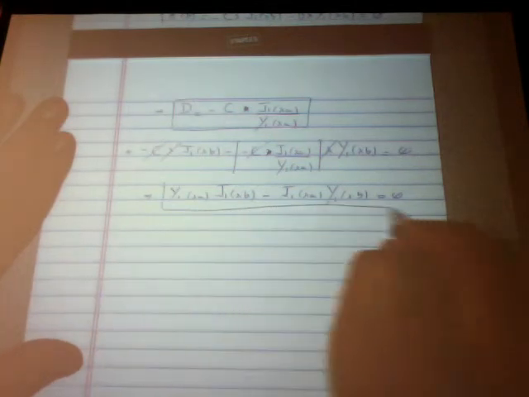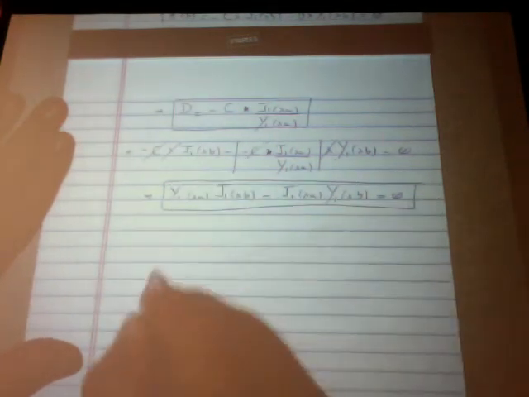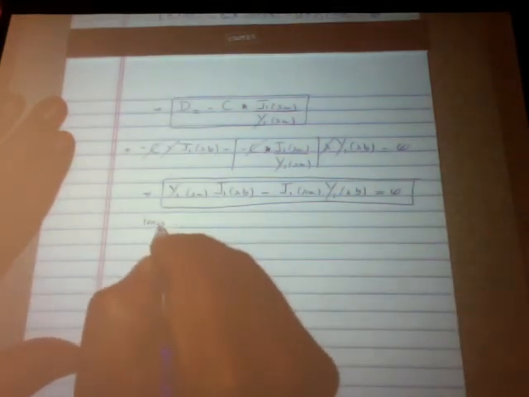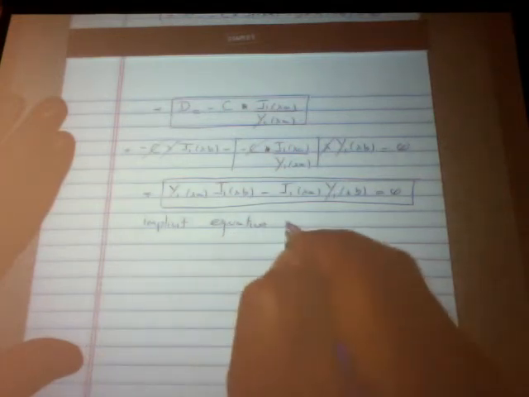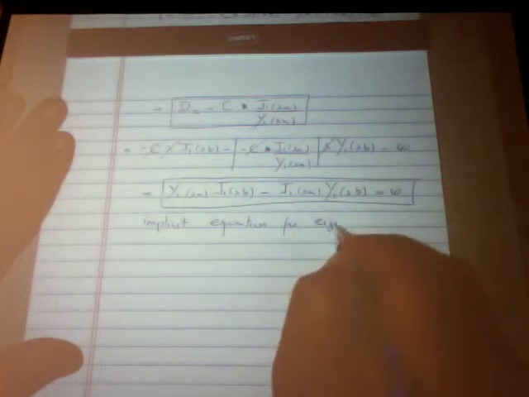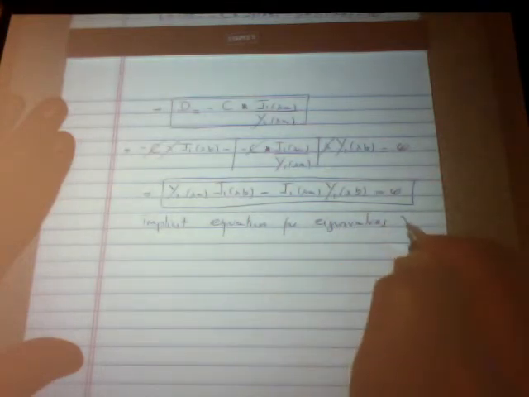So this right here is the implicit equation for eigenvalues, lambda n's.